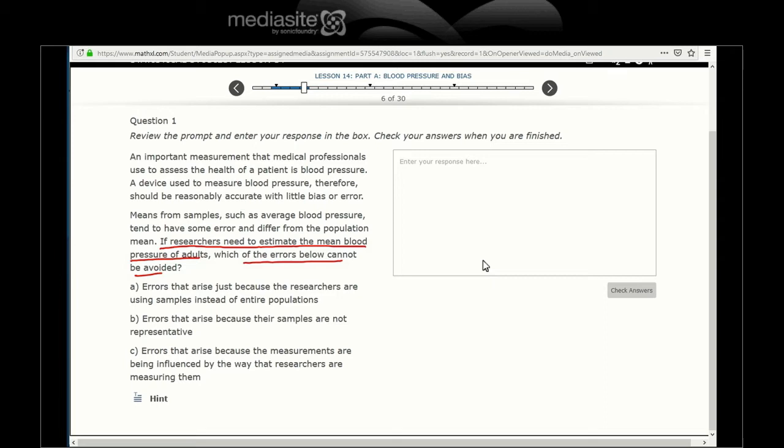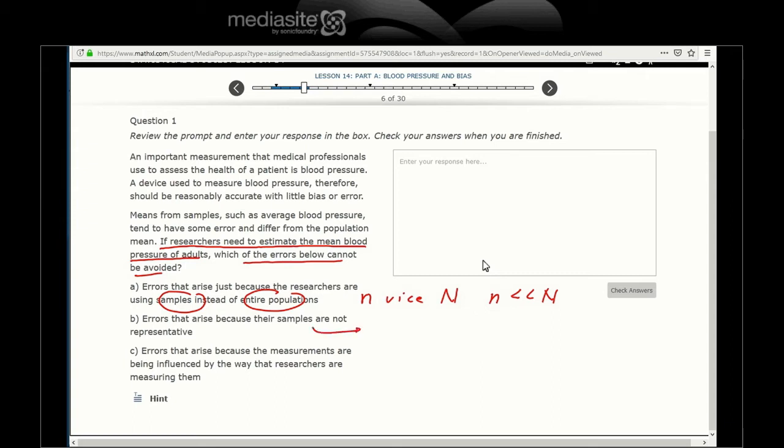Choice A: errors that arise just because researchers are using samples instead of the entire population, that is, little n versus big N, and typically n is much smaller than N. Choice B: errors that arise because the samples are not representative.